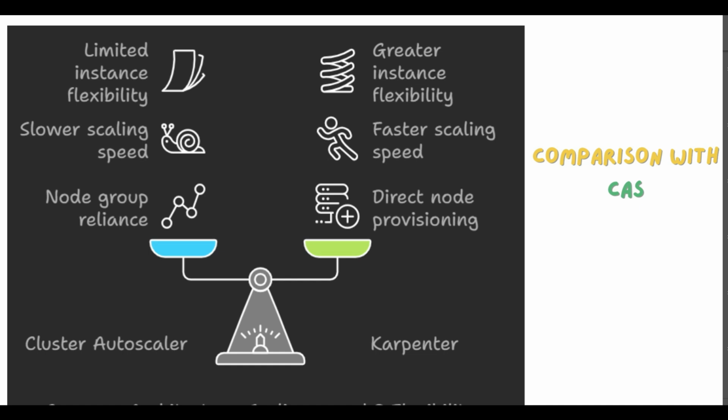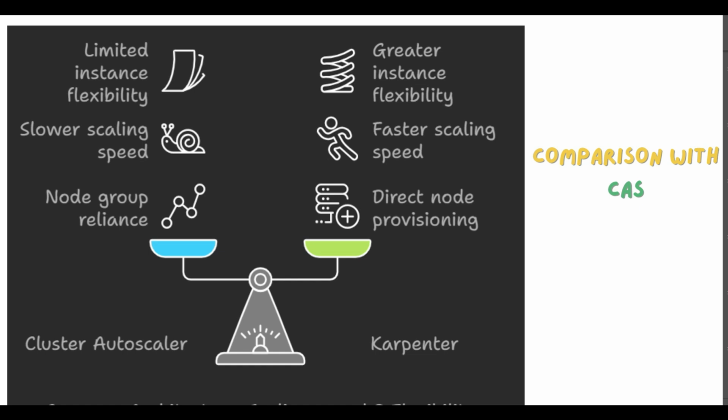Scaling actions are influenced by the configuration of these node groups, which can limit the flexibility over a period of time. Coming to Karpenter, it bypasses the need for node groups by directly interacting with cloud provider APIs, like AWS EC2 in this case, to provision the nodes.